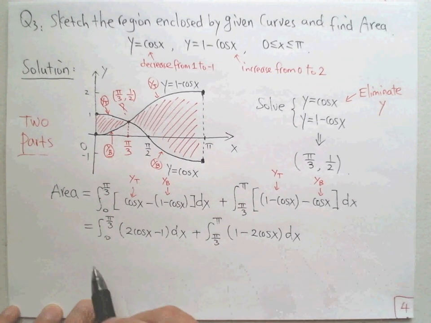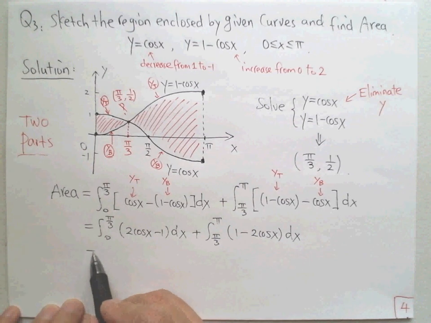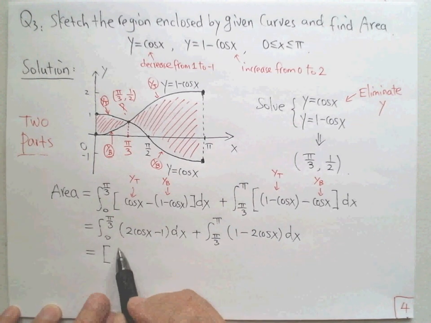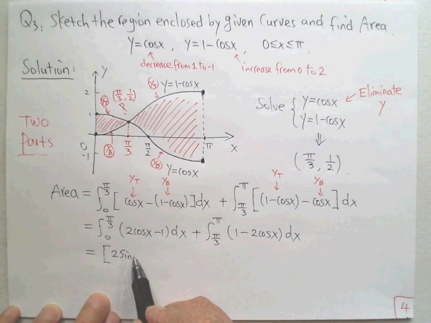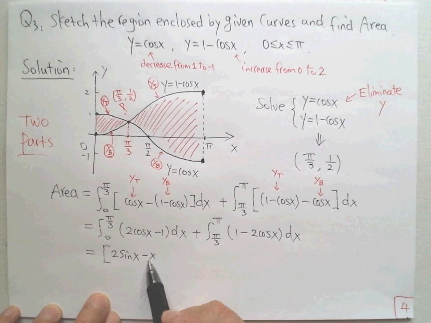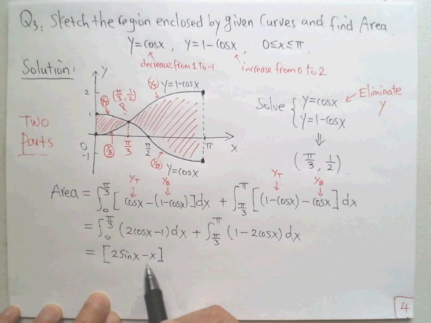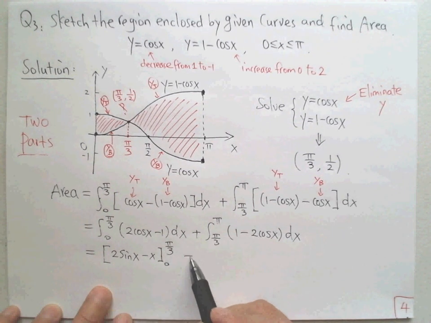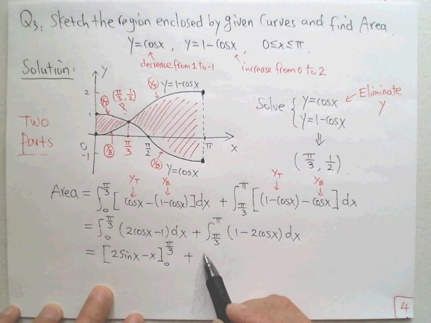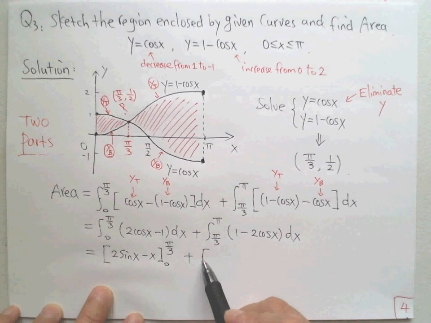This is a trig function. The antiderivative of cosine is sine. Now we directly use the fundamental theorem. The first is 2 times sine x minus x, the antiderivative from 0 to pi over 3.